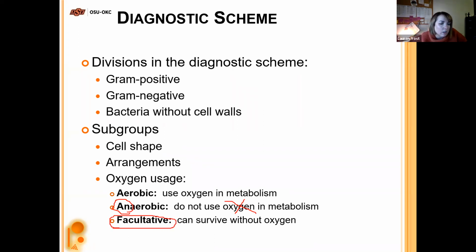It can survive without oxygen, but it can also use oxygen. We'll just write that on here so that you guys can watch my scripturally handwriting. So that's the idea with how you might break these down and start looking at them, maybe in Bergey's manual, or start separating them out however you want to separate them out as scientists.